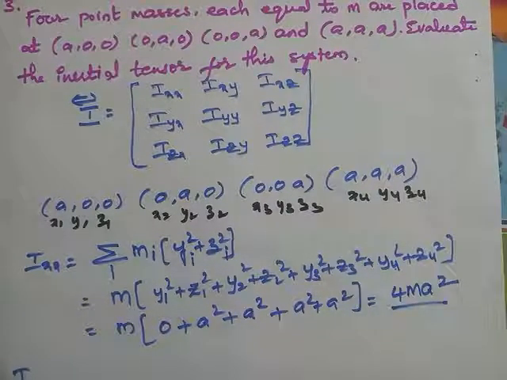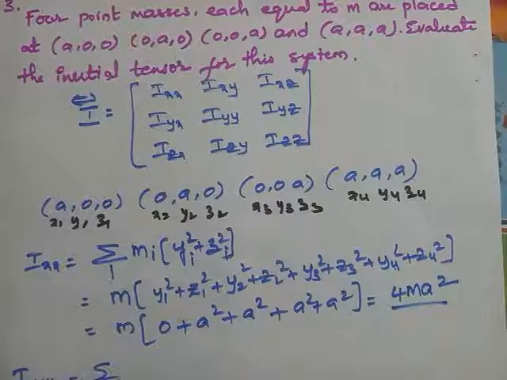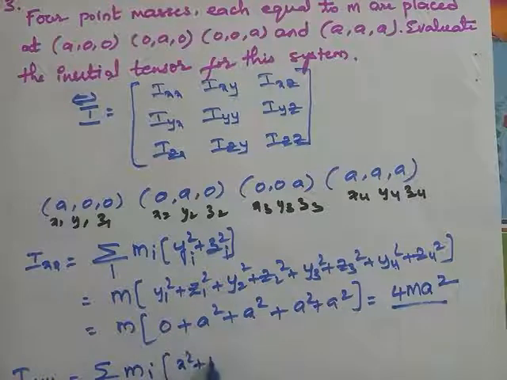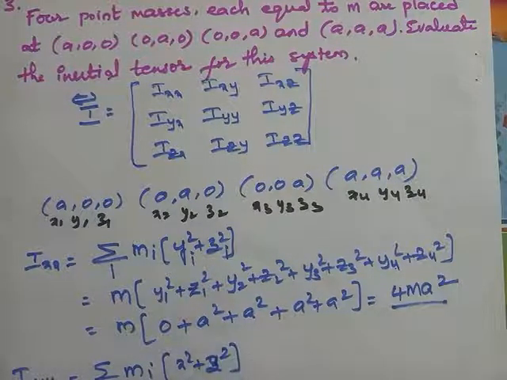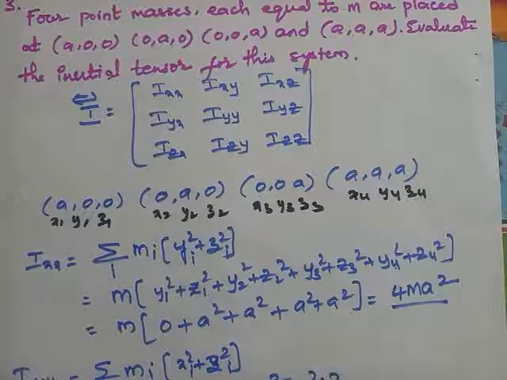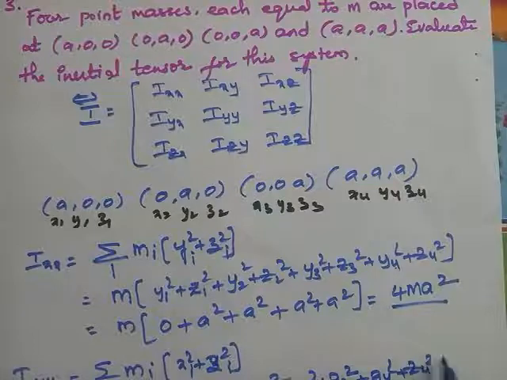Next, Iyy. We get summation over i of mi times (x square plus z square). Expanding, we get m times (x1 square plus z1 square plus x2 square plus z2 square plus x3 square plus z3 square plus x4 square plus z4 square).